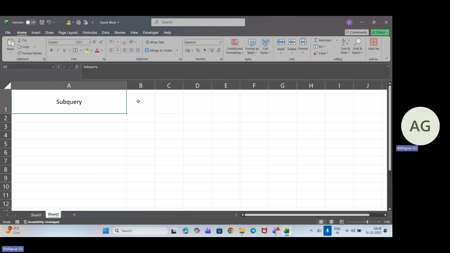That is basically the subquery. Sub means inside, and query is the question. So why exactly do we need this subquery?